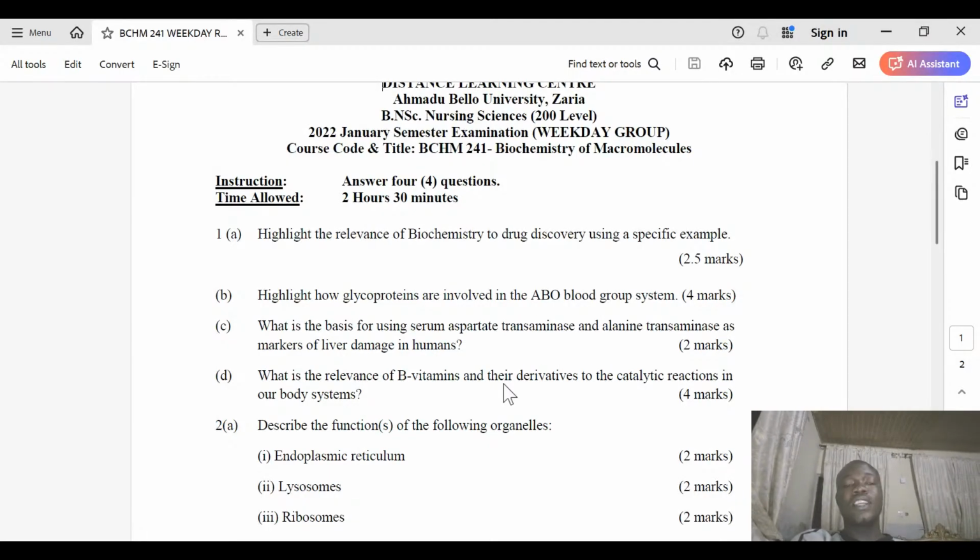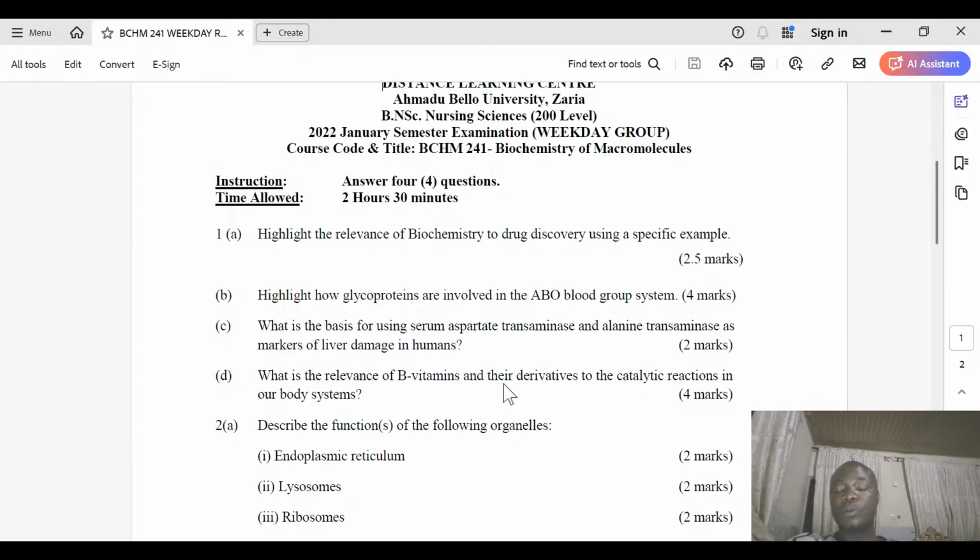Let me repeat it briefly. Most of the enzymes are inactive. They require coenzymes or cofactors to become active. Most of the coenzymes required by the enzymes to become active are members of the vitamin B complex. So B vitamins and their derivatives are required by the enzymes to become active.